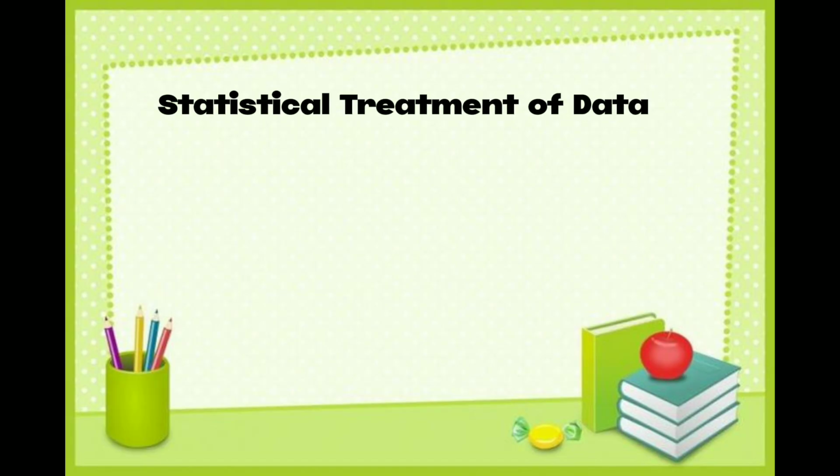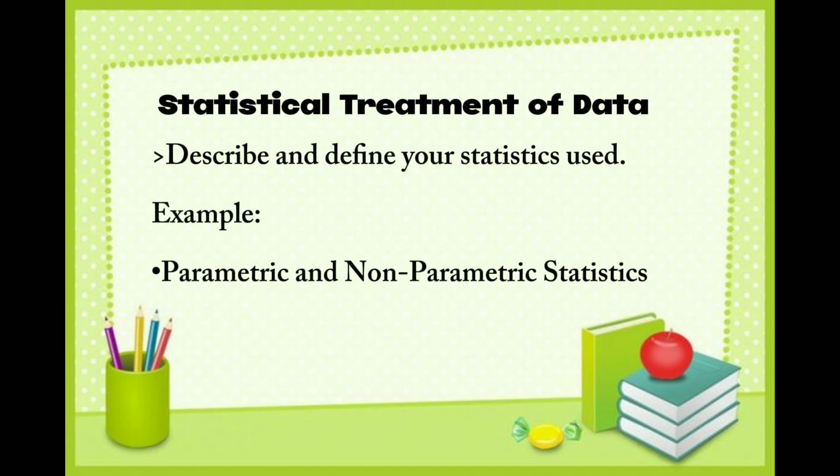Another important item under research methodology is the statistical treatment of data. The researcher will describe and define the statistics used in the study. Examples of these statistics are parametric and non-parametric statistics, like frequency, percentage distribution, Likert scale, t-test, Pearson r, Spearman rho, ANOVA, or F-test.